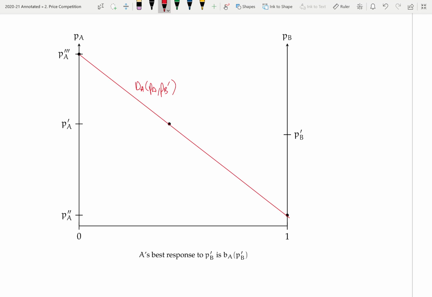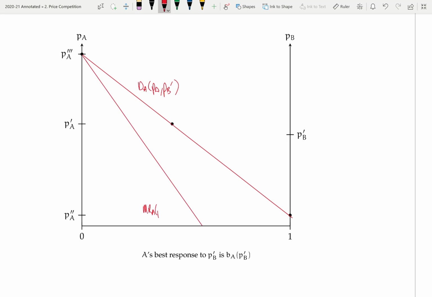Well, to find that, we just draw the marginal revenue curve of firm A. So we just do what we do if A were a monopolist. We look at A's demand curve, we find the marginal revenue, which is twice the slope of the demand curve and has the same vertical intercept. So this is firm A's marginal revenue curve when B's price is PB dash.